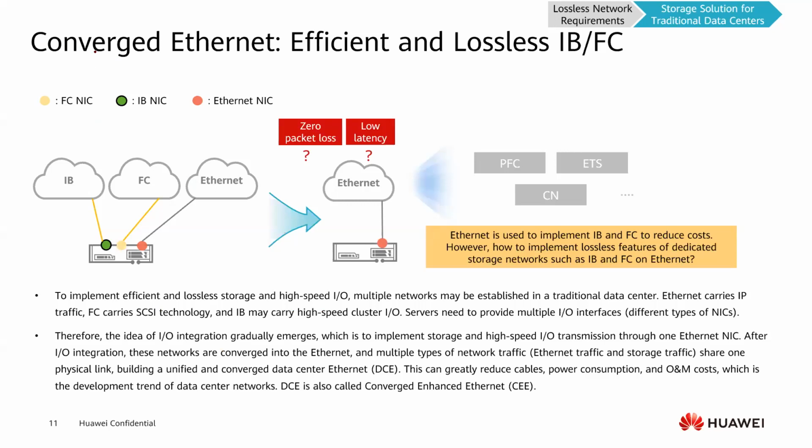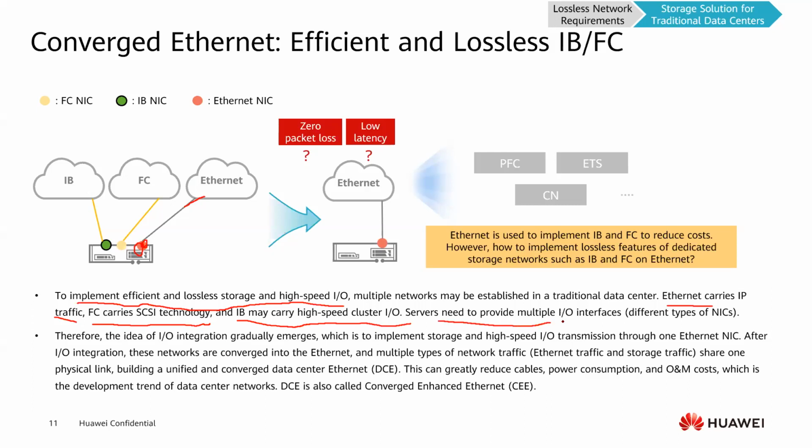Let's see the converged Ethernet, efficient and lossless IP and FC. To implement efficient and lossless storage and high-speed I/O, multiple networks may be established in a traditional data center. Ethernet carries the IP traffic. FC carries the SCSI technology. And IB may carry high-speed cluster I/O.